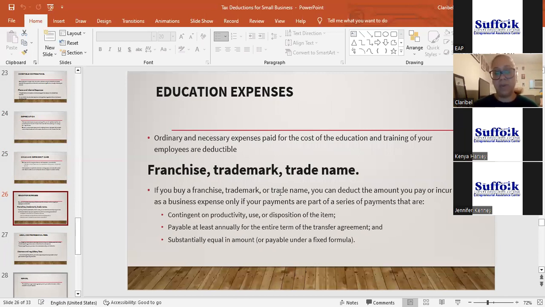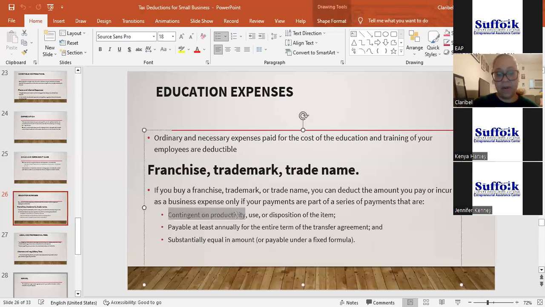Franchise, trademark, trade name. If you buy a franchise, a trademark or trade name, you can deduct the amount you pay or incur as a business expense only if your payments are part of a series of payments. So this is contingent on productivity.